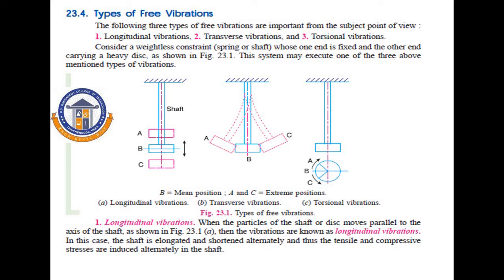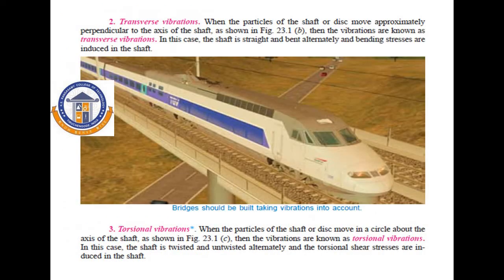Because of that, it comes back towards the equilibrium position, and because of its kinetic energy it goes beyond B and reaches C. Once it reaches C, it again tries to go to position B, and because of the kinetic energy it goes beyond it and reaches A. Then that cycle is repeated. This type of vibration is known as torsional vibration.